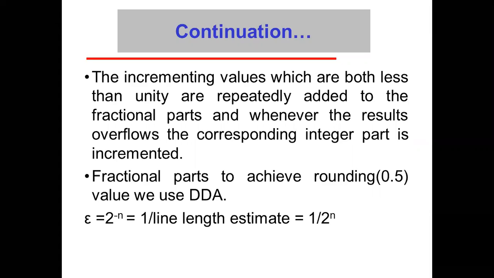Suppose we have the initial point 4 comma 5. Here x is equal to 4 and y is equal to 5. Then the initial value we will consider as x is equal to 4 plus 0.5, and similarly y is equal to 5 plus 0.5.